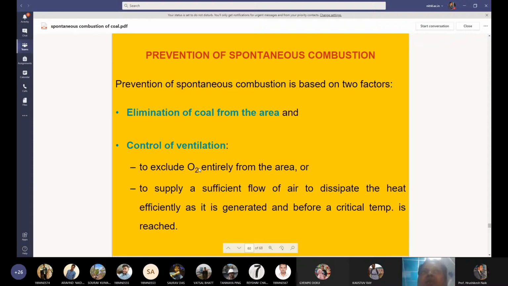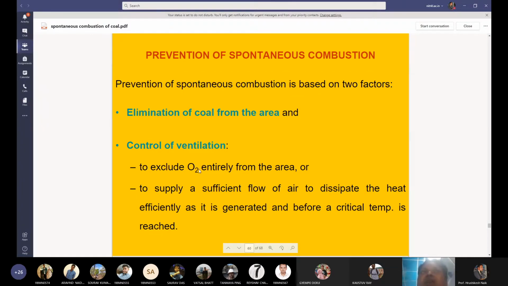So by ventilation, remove the oxygen from the area, or supply a sufficient flow of air to the mining area to dissipate the heat efficiently, before a critical temperature is reached. In which area can you remove oxygen entirely?